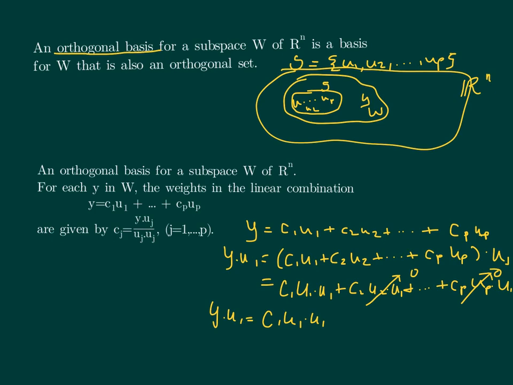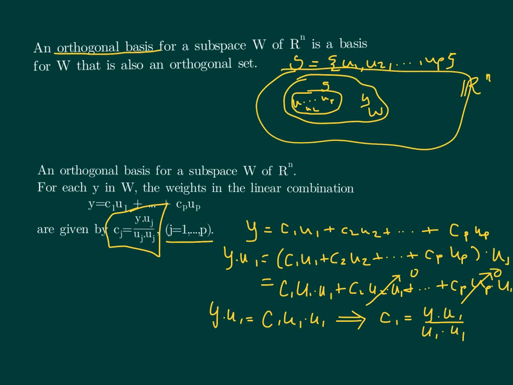All right, so that means we can do a little algebra and get that that first coefficient is equal to y dot u1 over u1 dot u1. And we could do a similar calculation for all of the basis elements. And so that's what this theorem says, that the coefficients, the weights in the linear combination of y, are given this way.